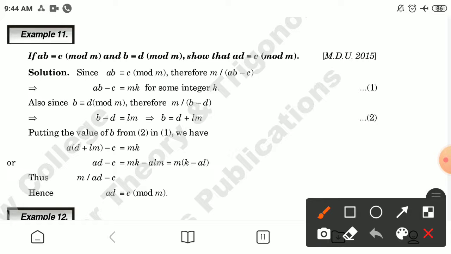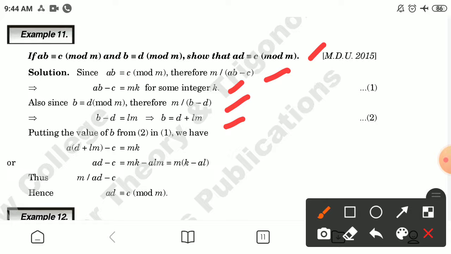Now if AB is congruent to C mod M and B is congruent to D mod M, show that AD is congruent to C mod M. Since AB is congruent to C mod M, therefore M divides AB minus C. This implies AB minus C is equal to MK for some integer K, marking this as number 1. Also since B is congruent to D mod M, therefore M divides B minus D. This implies B minus D is equal to LM, implies B is equal to D plus LM, marking this as number 2.